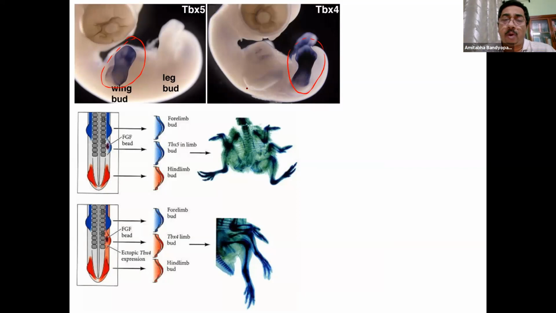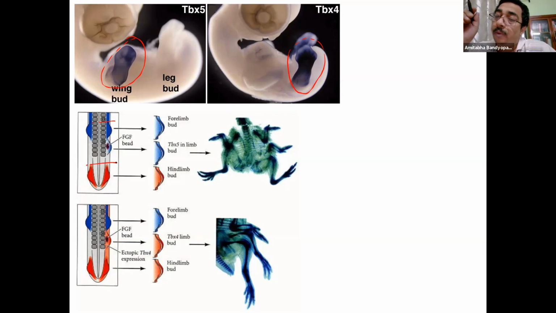Now, when you talk of very early stage embryos, then the entire flank, meaning the actual body axis, in a certain region is capable of giving rise to a limb bud, meaning from where a limb can form. Capable of.